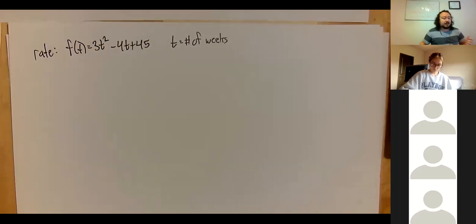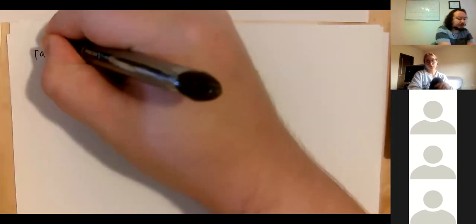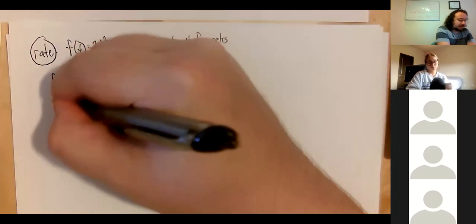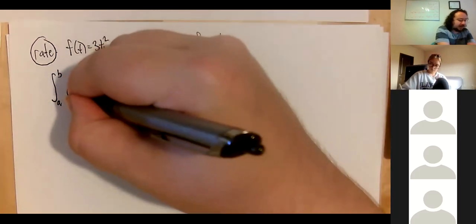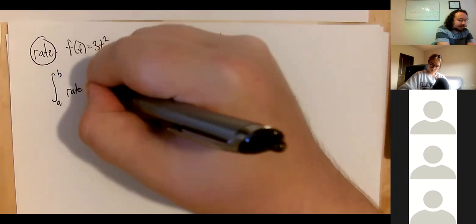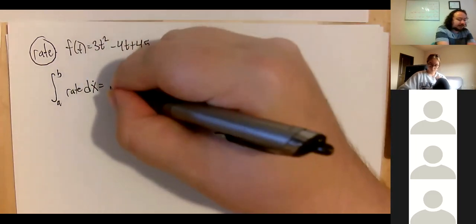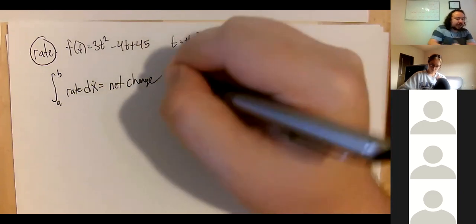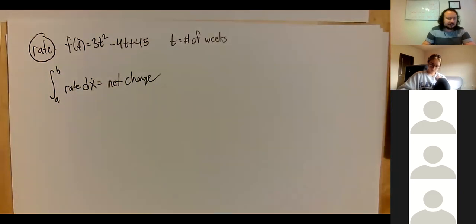Now, how do we know to do the integral or antiderivative of this rather than just doing f of 2 minus f of 1? It's because of this word right here, it's rate. So if you ever integrate something from a to b, that's a rate, then you end up getting the net change in whatever it is.